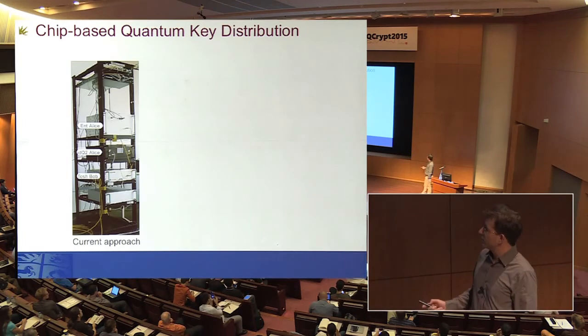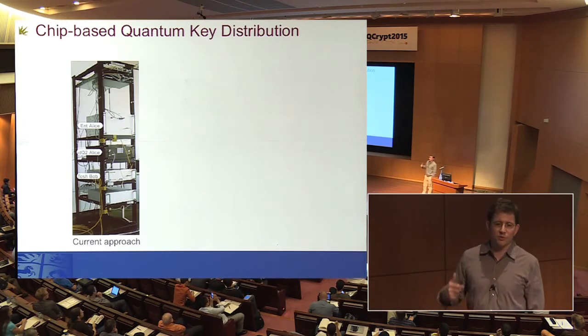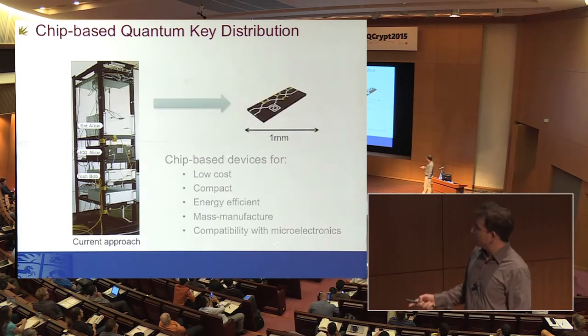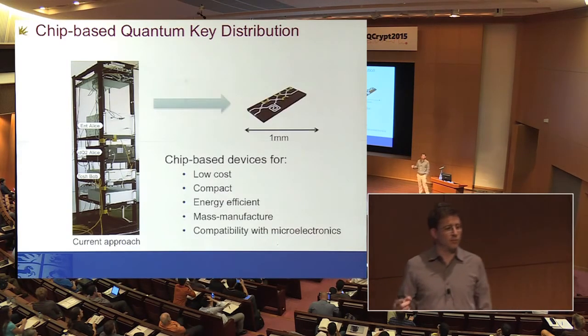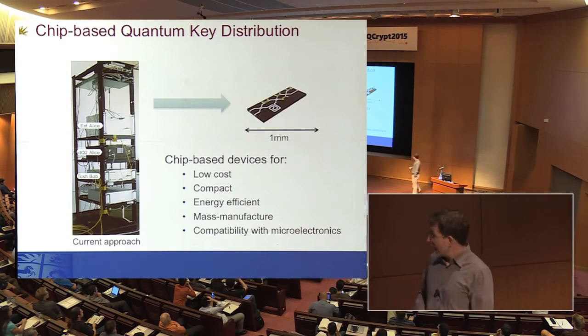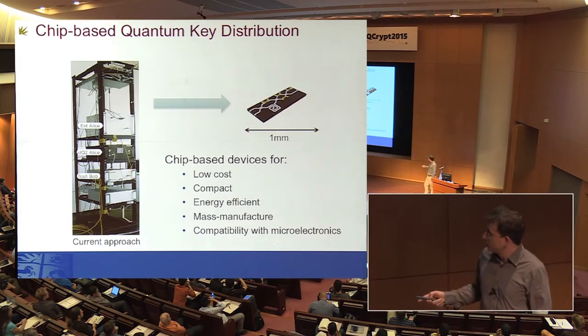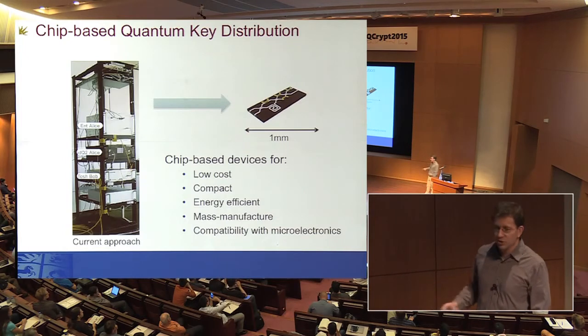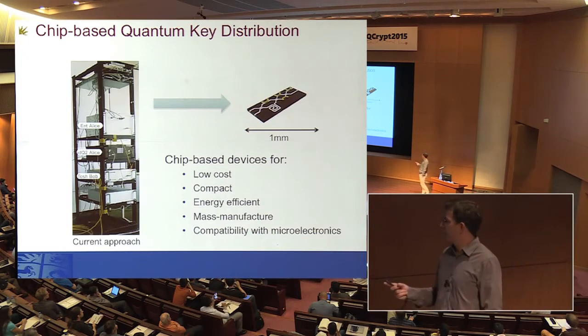And the strategy here is can we use the same approaches, the same photonic engineering integrated circuit principles to allow us to crunch all of the optics down to millimeter-sized chips. And the reasons to do that are because, well, it's compact, it's low cost, it's energy efficient, lends itself to mass manufacturing techniques.